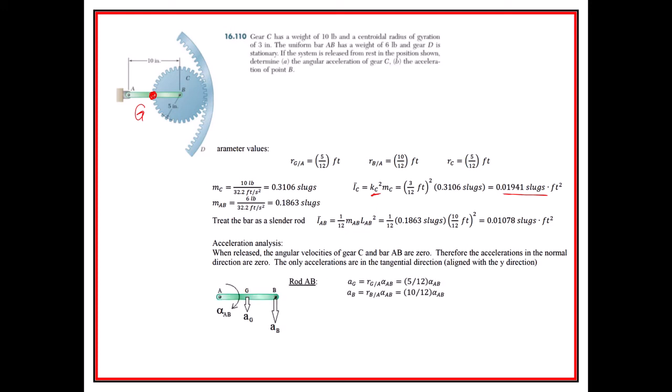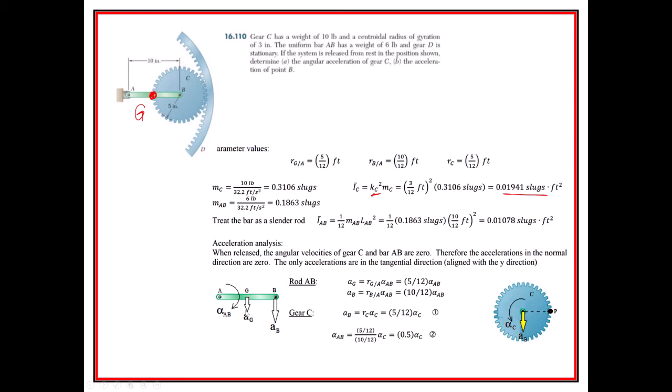If you take a look at rod AB, the acceleration at the center of gravity is the angular acceleration times the distance rG with respect to A, which we found up above. And then the acceleration of B is going to be that same angular acceleration, but we're going to use rB with respect to A.